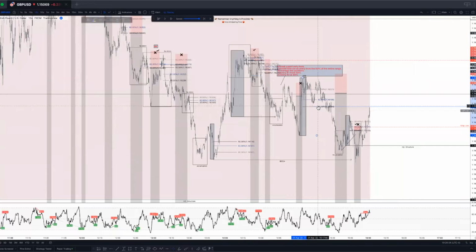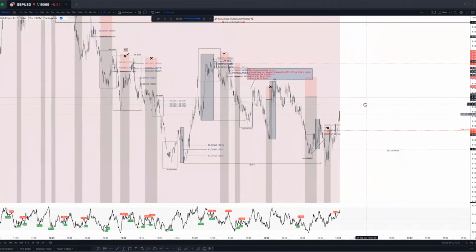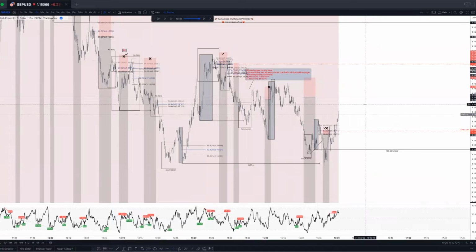I gotta remove some of these fields, man. Kind of confused. This is the entire range right here.